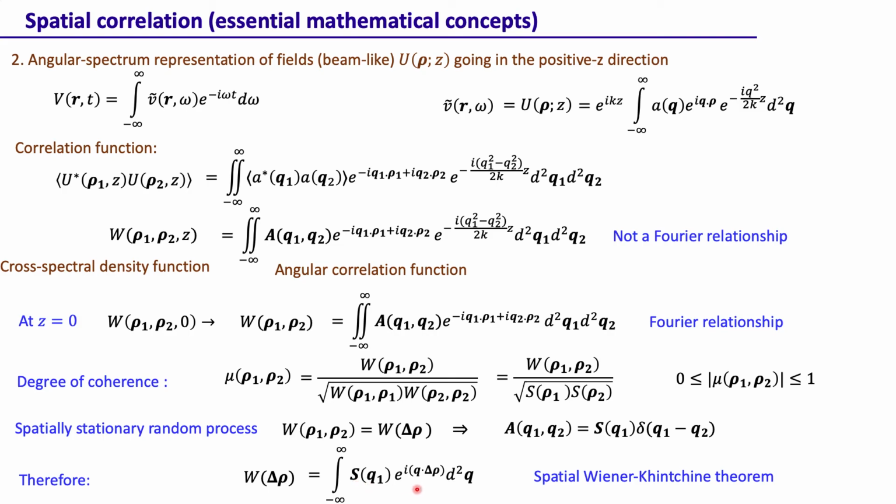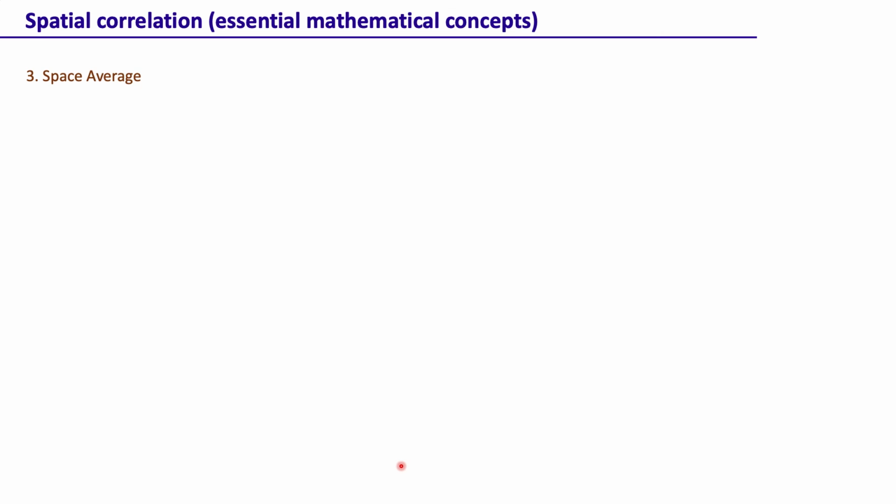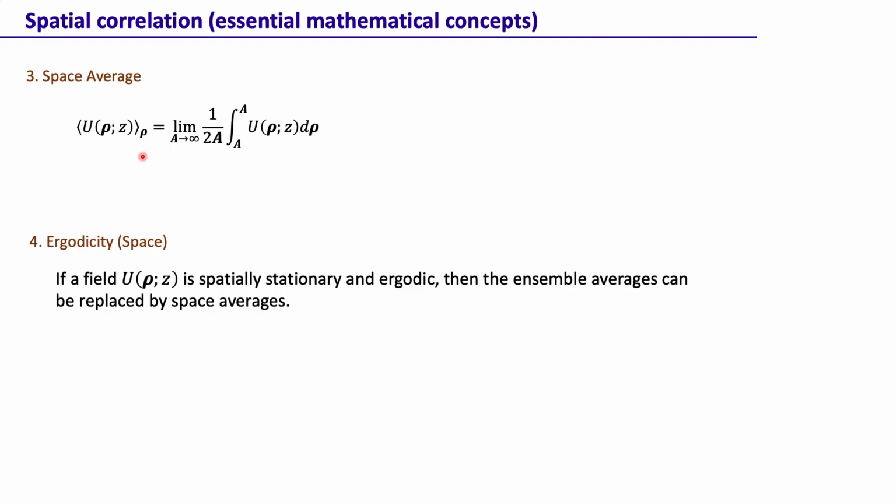And this we will use in similar manners as we used the temporal Wiener-Khintchine theorem. Okay, so that's pretty much it. There are two more concepts that we can discuss. This is exactly analogous to what we do in the case of time, and those are the concepts of space average.